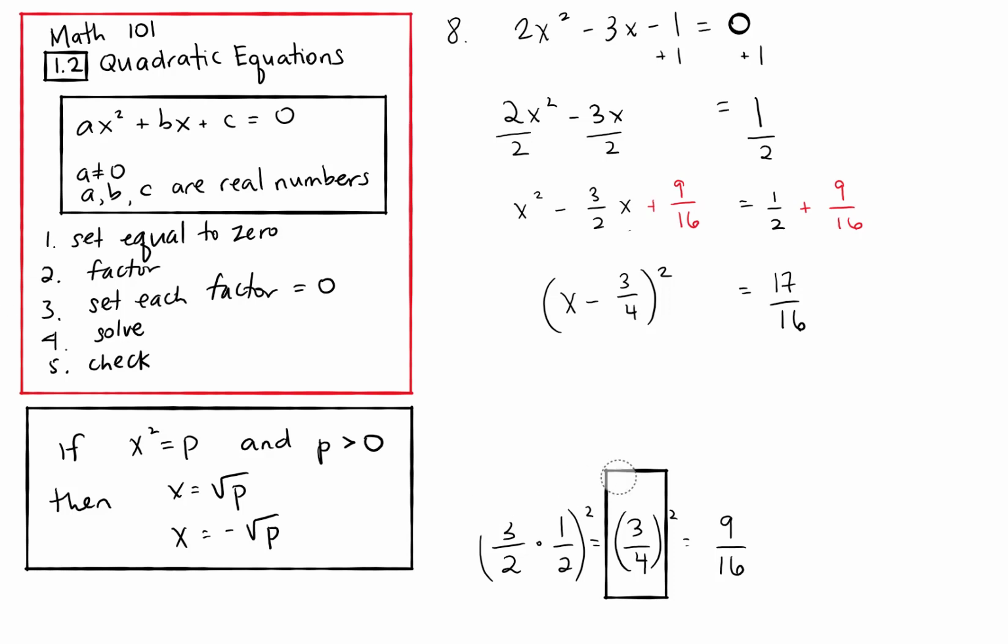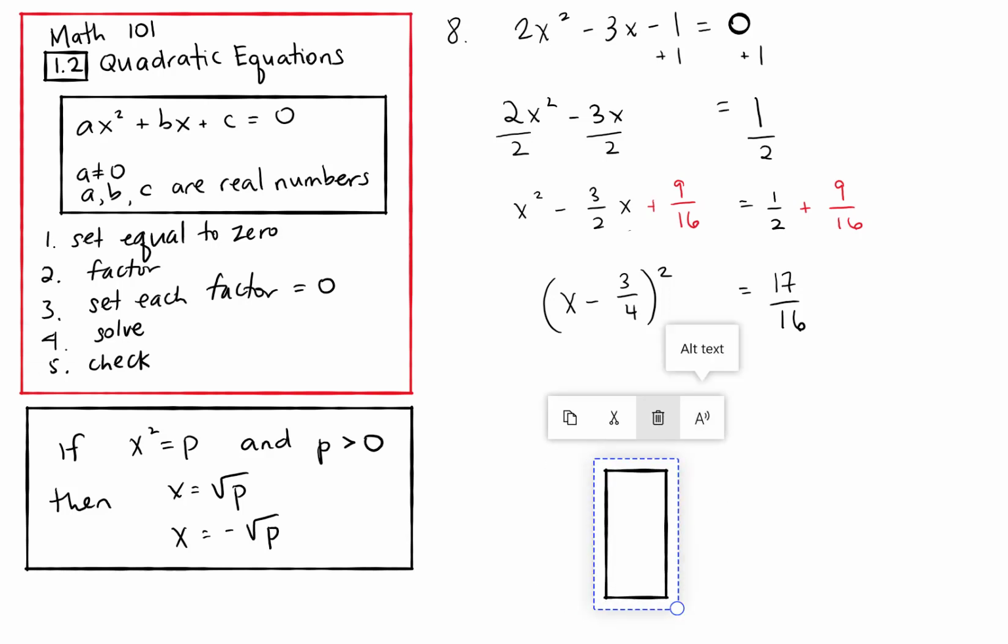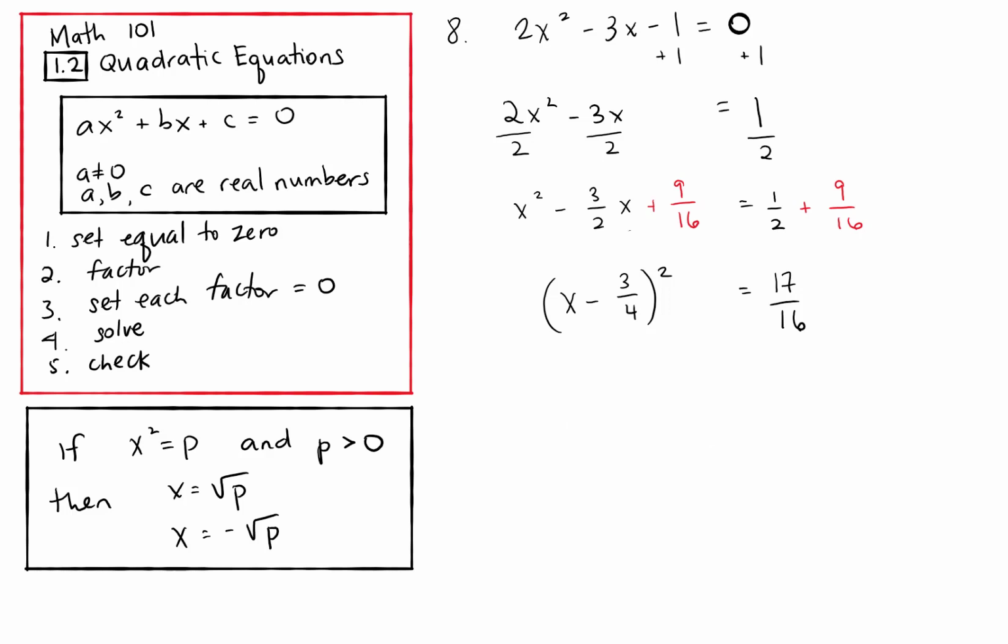Alright, let's clear our screen. And then we're going to take a square root of both sides. The square root of the left-hand side, since it's a perfect square, is just x minus 3/4.